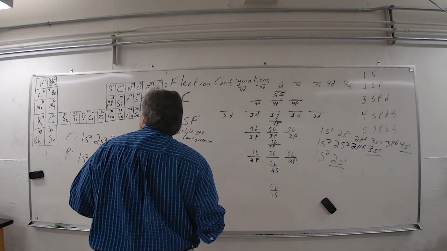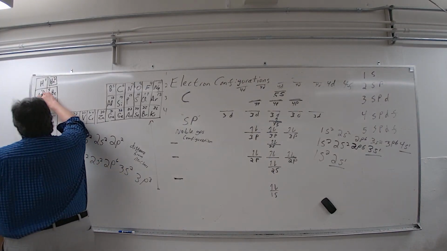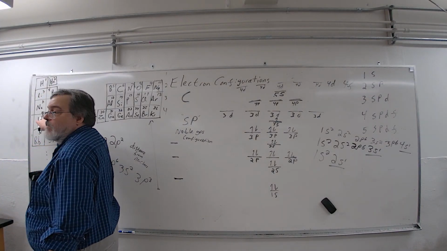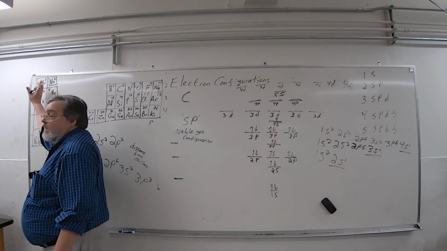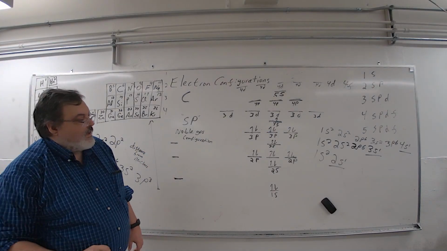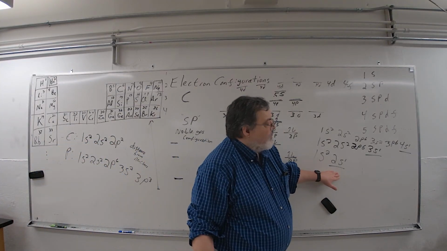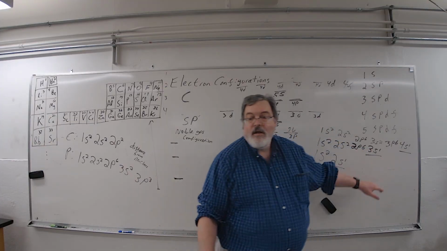What I've just done is these three: lithium, sodium, and potassium. What's actually the same in this column is that the outermost orbital is an s orbital with one electron in it.